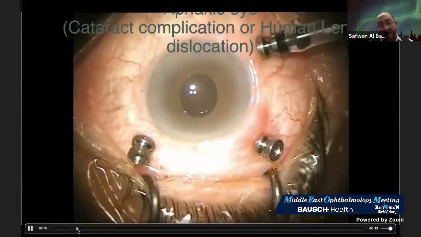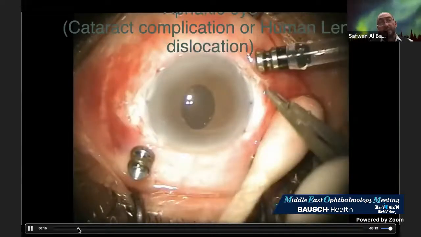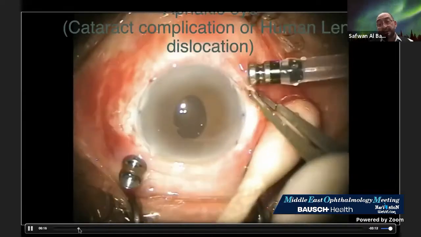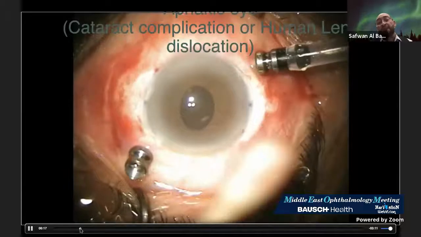When I passed the 3 trocars, the temporal one, the infusion, and the upper one, it was a little bit away from the other, leaving the area at 3 o'clock to be peritomized. So I did my peritomy, and here I cauterized the landmark for 180, 3 and 9. It's very clear here on the cornea.